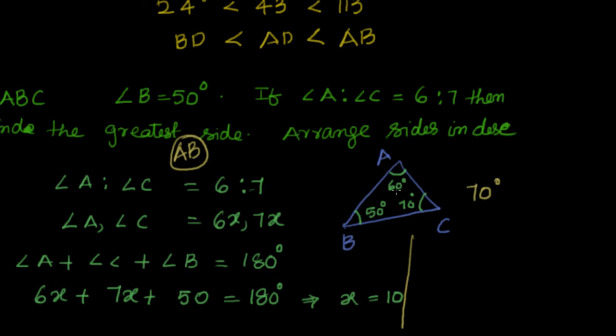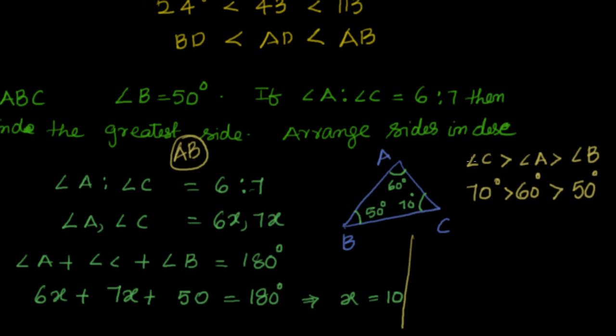We have to put them in the descending order. So I will say 70 degrees is greater than 60 degrees, which is greater than 50 degrees, because descending order means I have to go from high value to low value. Now 70 degrees, what is the opposite side? 70 degrees is angle C. Can I say here, if you are comfortable, angle C is greater than angle A, which is greater than angle B. If there is angle C, the opposite side will be AB.